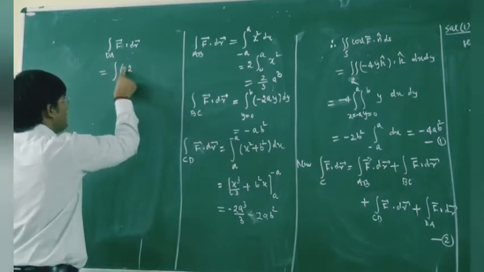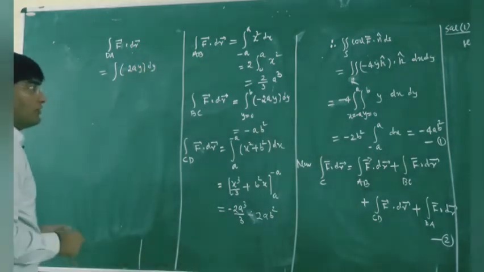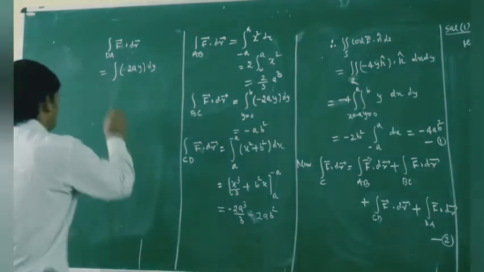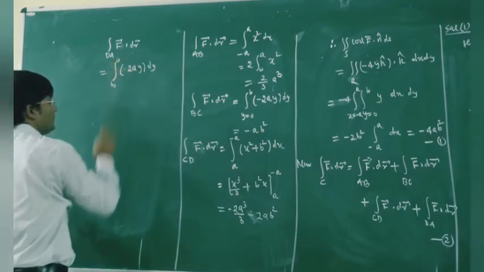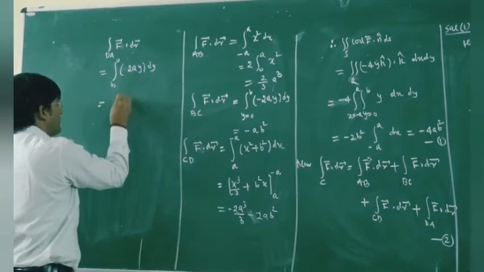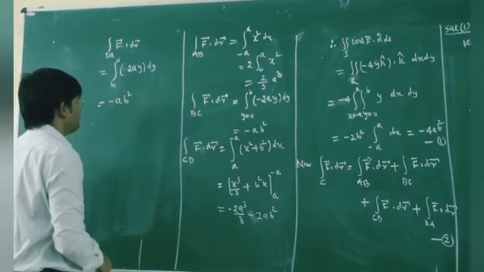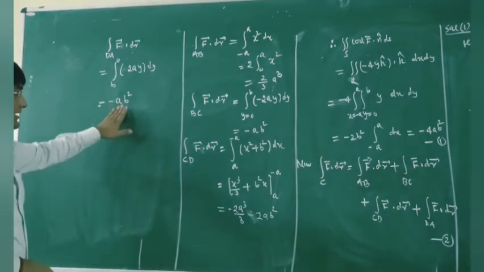Your x is minus a, so this will be 2a into y into dy, and the limits of y will be from b to 0. Your y will move from b to 0. Now the integration of y will be y square by 2, so this will be minus ab square.